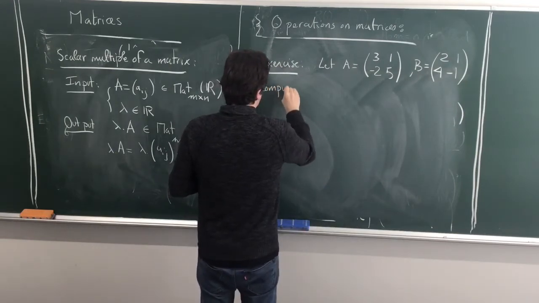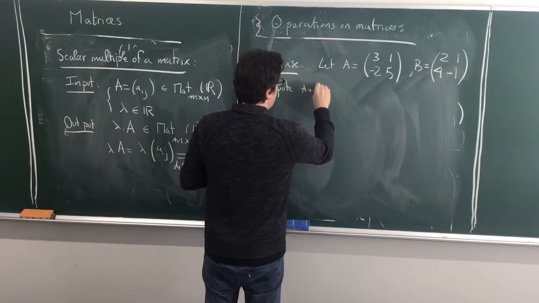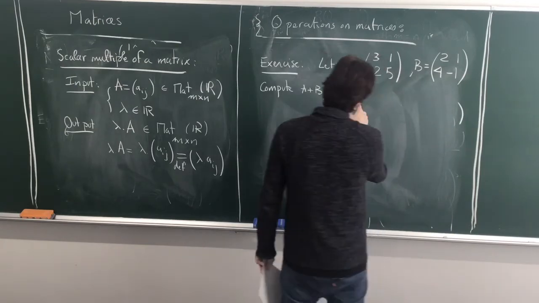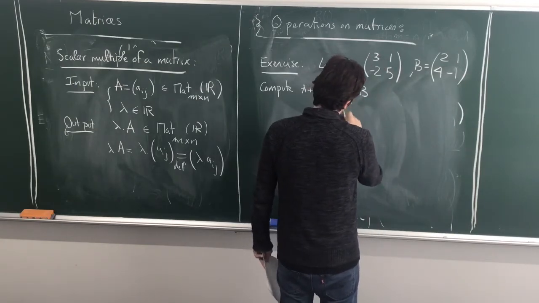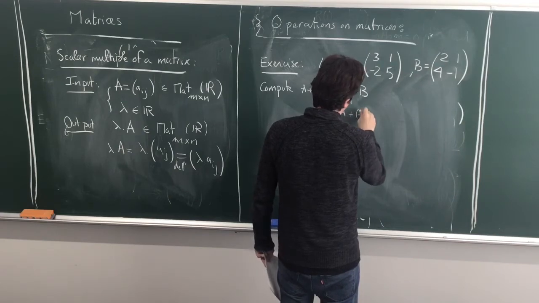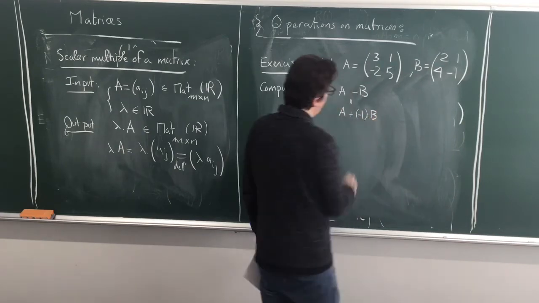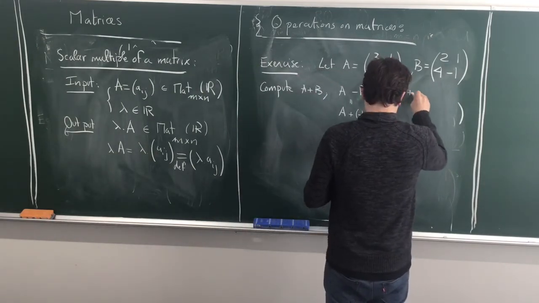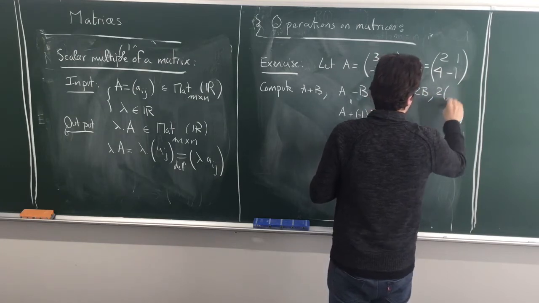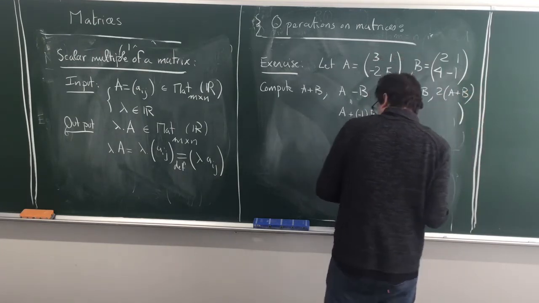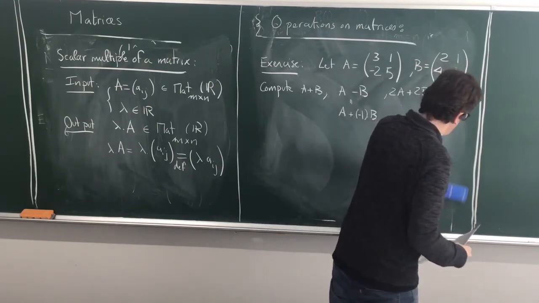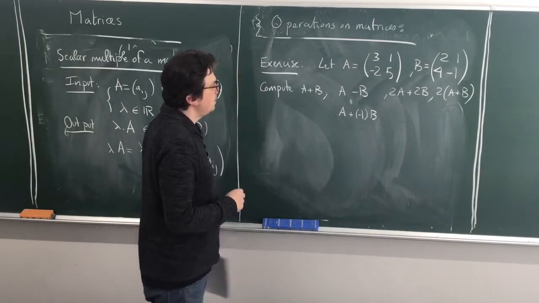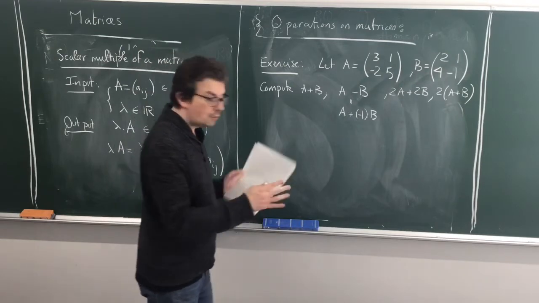Please compute A plus B, A minus B. So what is A minus B? This has to be understood as A plus minus 1 times B, right? And you will compute also 2A plus 2B and 2A plus B.